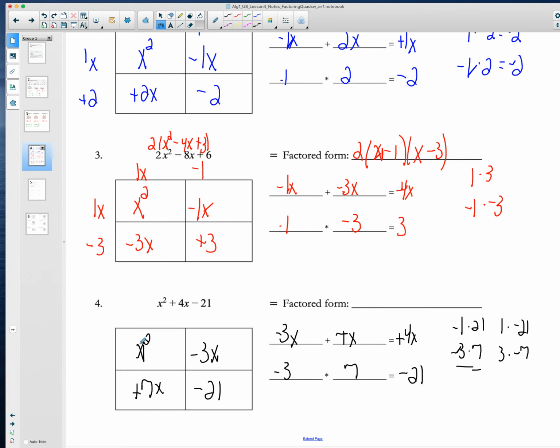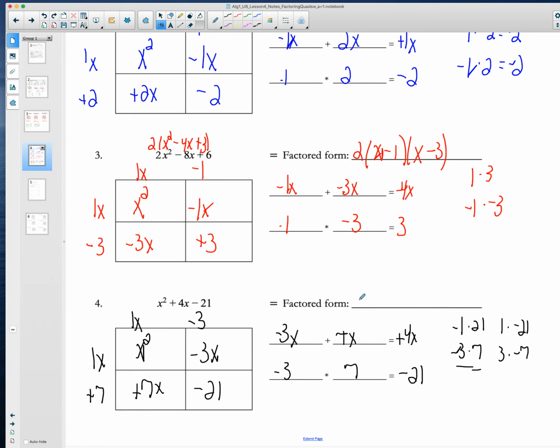Now, when I look at my first column, my GCF is 1x. When I look at my second column, notice they're both negative, so I'm going to take out that negative, and then my GCF would be that 3. In my first row, my GCF would be just 1x, and in my second row, my GCF would be a positive 7.